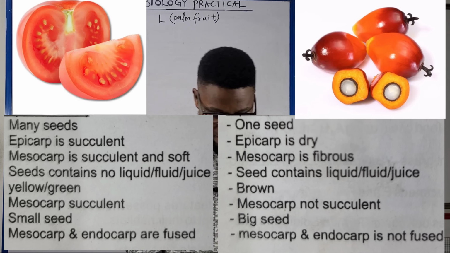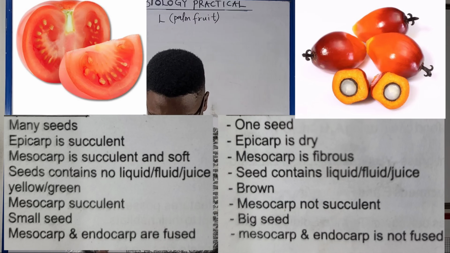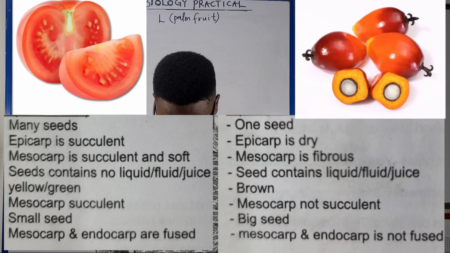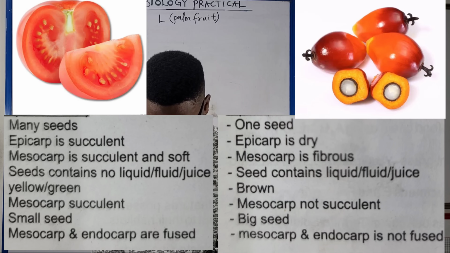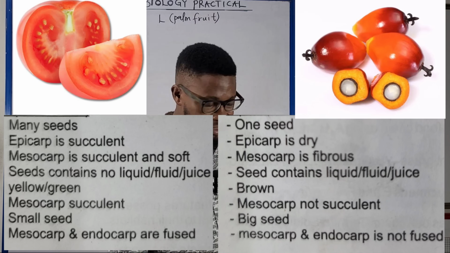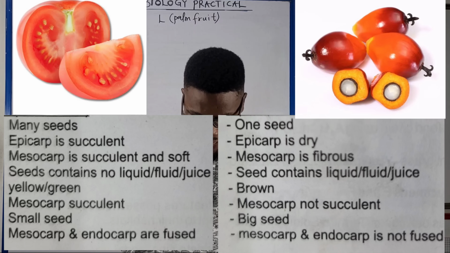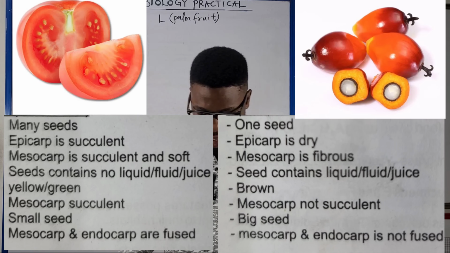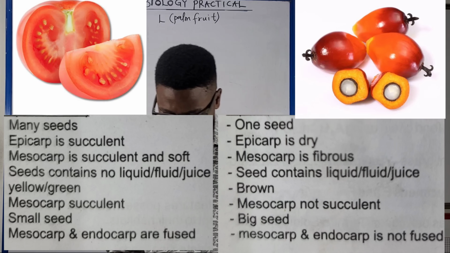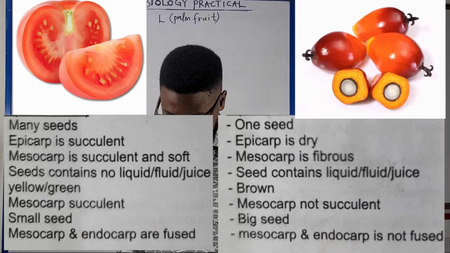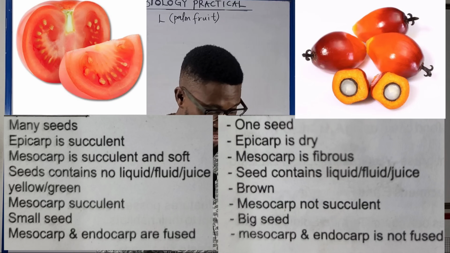The epicarp is dry. By epicarp here, you can see in the diagram on your screen, the epicarp for a palm fruit is not even edible. It is dry and not edible. But for a tomato fruit, that's talking about specimen K, it is soft and edible.